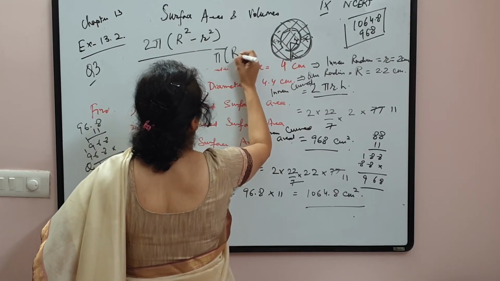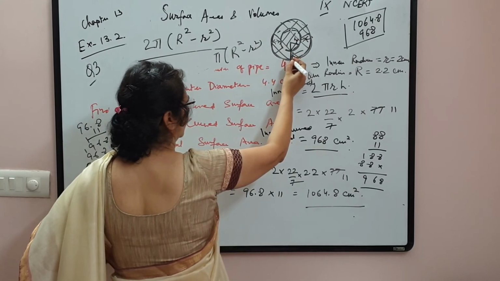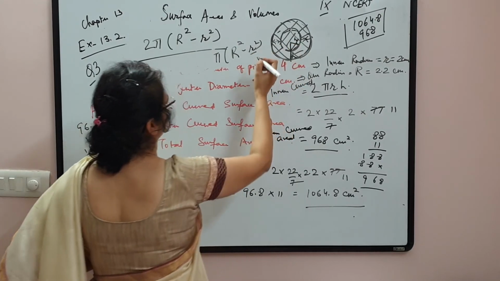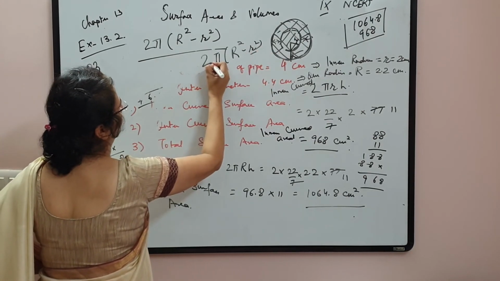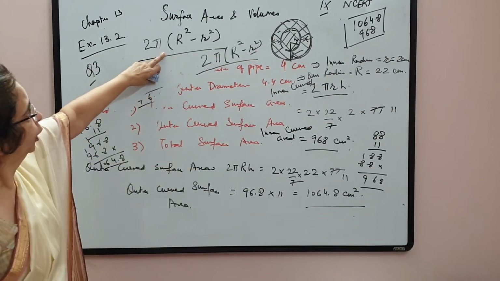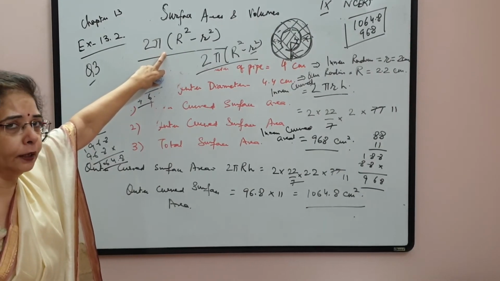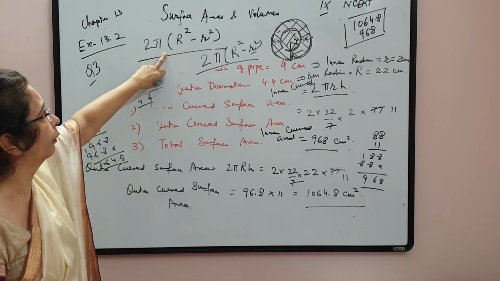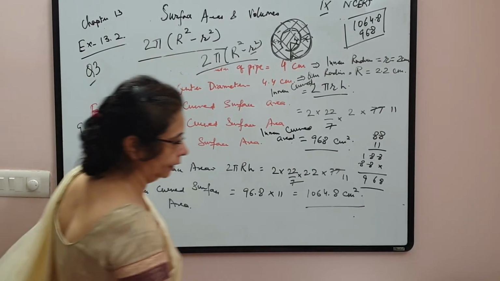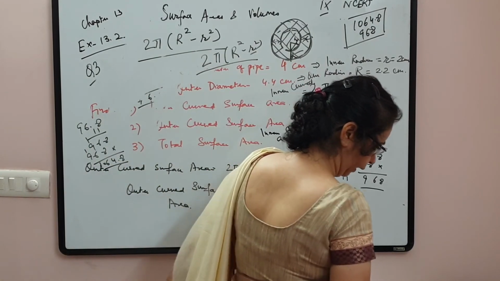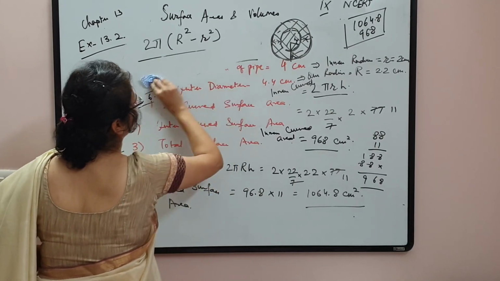Pi into R square minus r square, where R is the outer radius and small r is the inner radius. And because there is a top and there is a bottom of the pipe, this becomes multiplied by 2. So this is the formula for the top and bottom covering of the pipe: 2 pi into R square minus r square. So let us substitute these values and we get the answer.